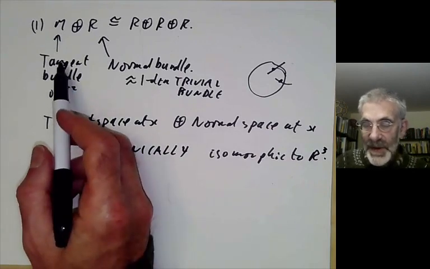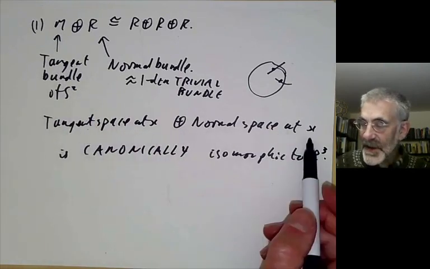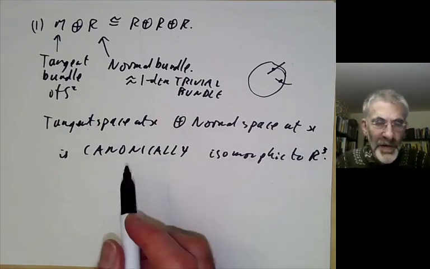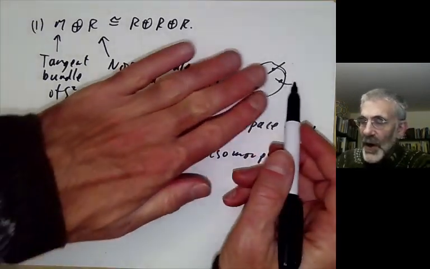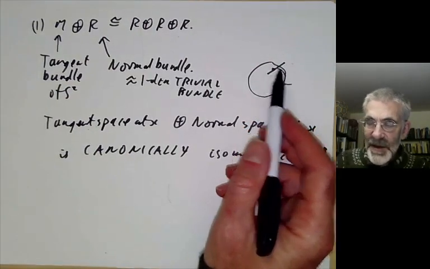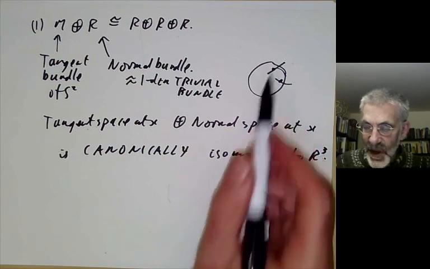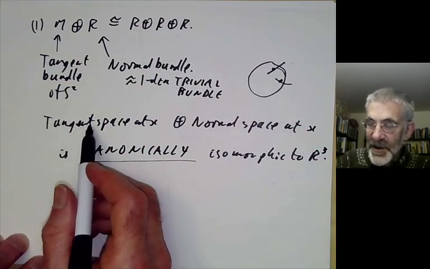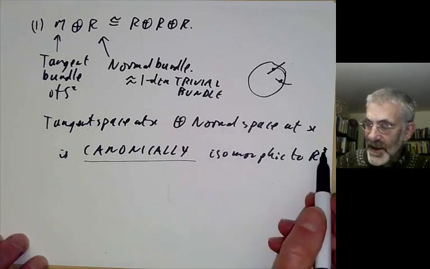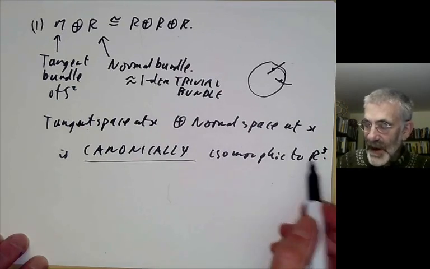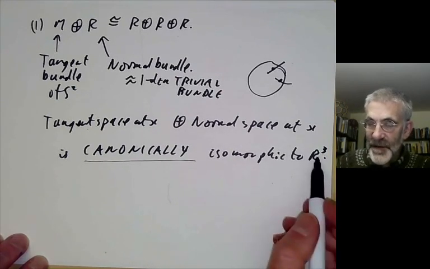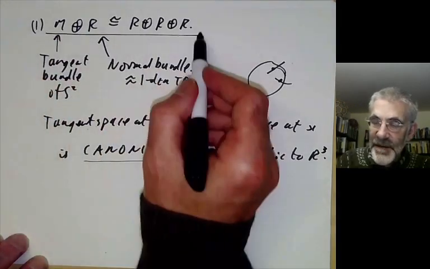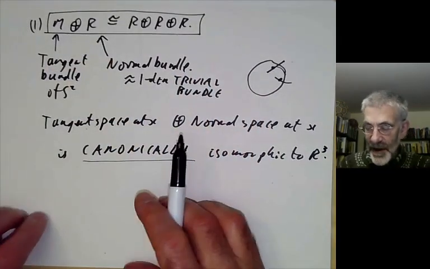The tangent space at each point is isomorphic to R2, but there's no canonical way to do that. You can't make this isomorphism global, as we'll see in a moment. So since it's canonically isomorphic, this means the tangent bundle plus the normal bundle is isomorphic to the sum of 3 copies of the trivial bundle, which is essentially giving us this relation here.